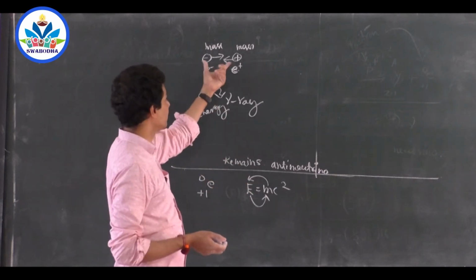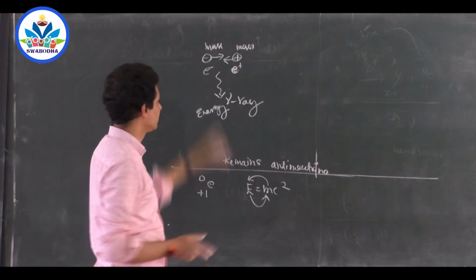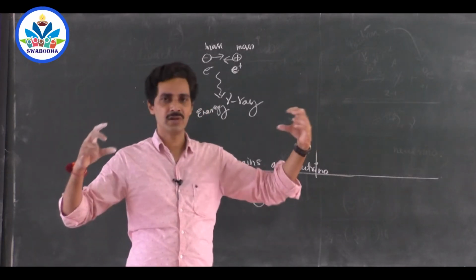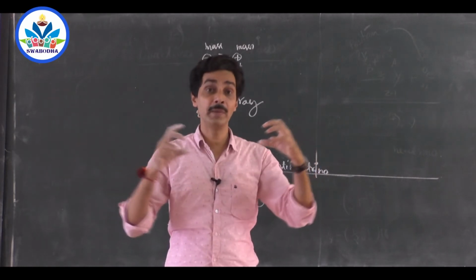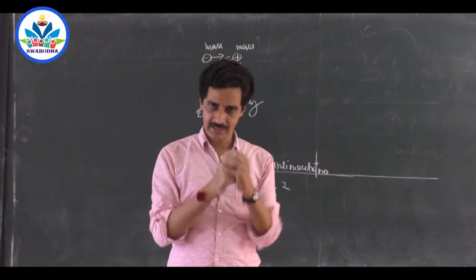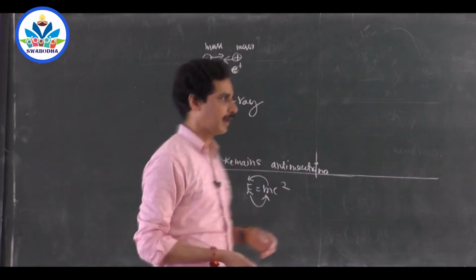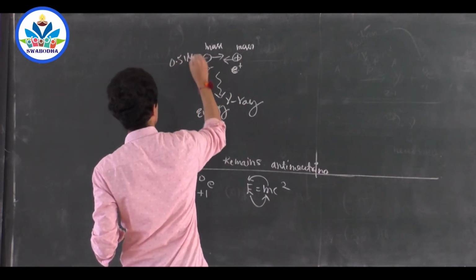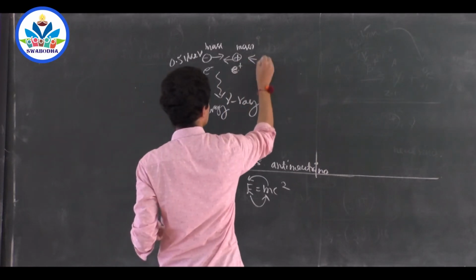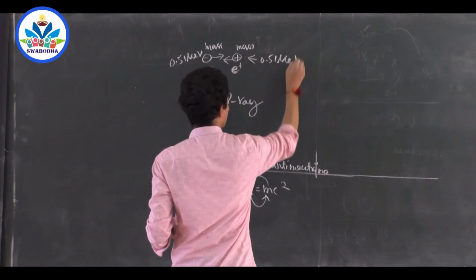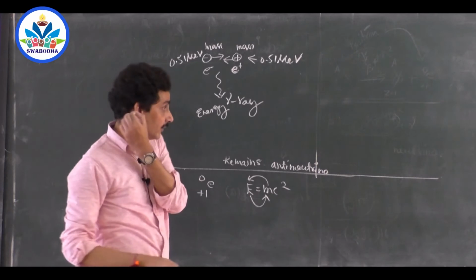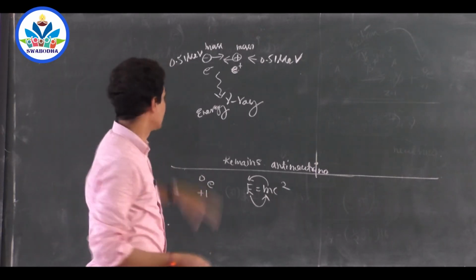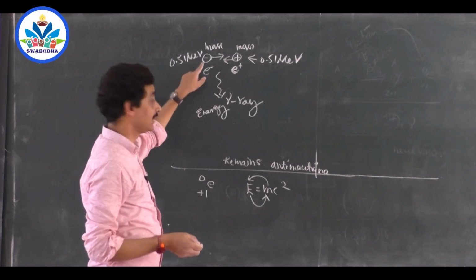If an electron and a positron combine together to produce a gamma ray, there is a condition. The electron and positron should have a minimum amount of energy. Only if they have a certain kinetic energy can they combine. The kinetic energy of each is 0.51 million electron volt. I am putting it in electron volt, not joules.